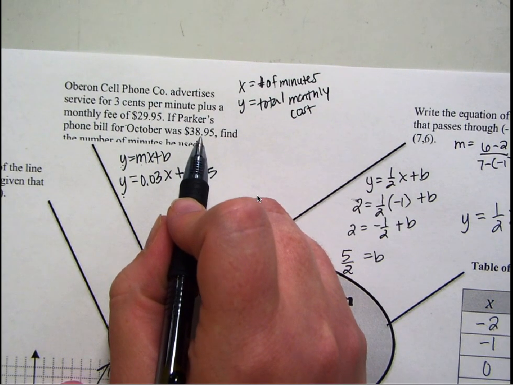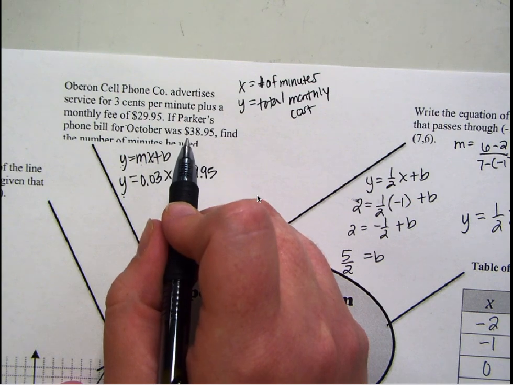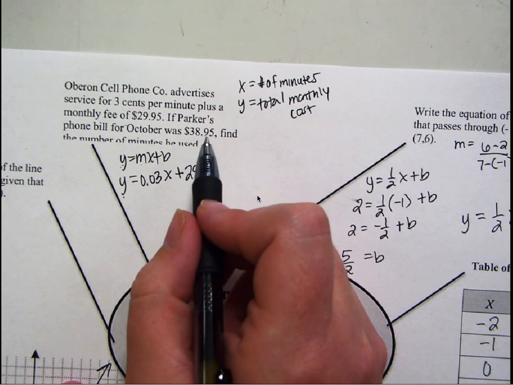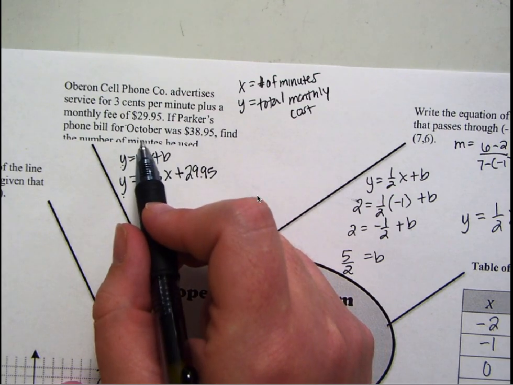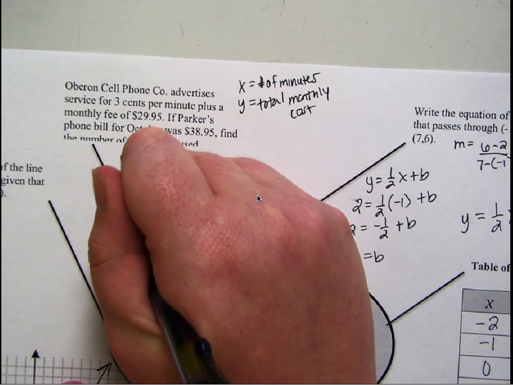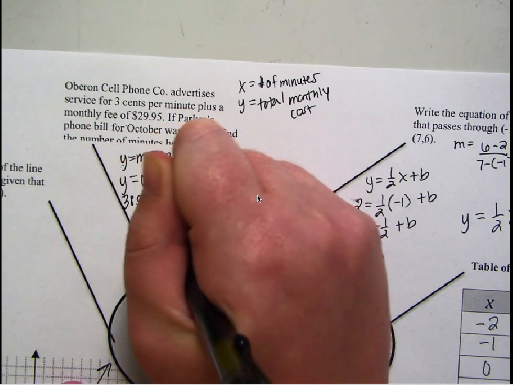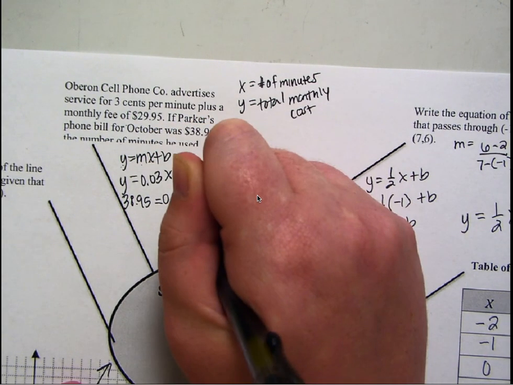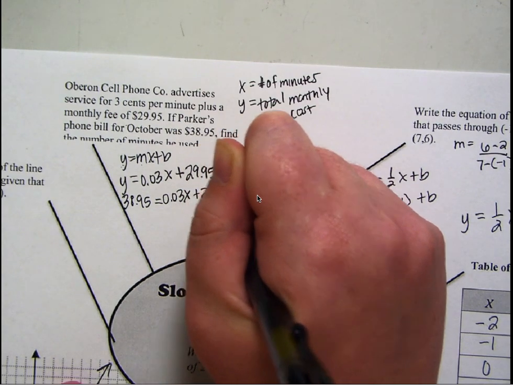So we are given $38.95, and that ends up being the total cost for the month of October. We can use that to solve for the number of minutes used, which is x. So $38.95 equals 0.03x plus $29.95.